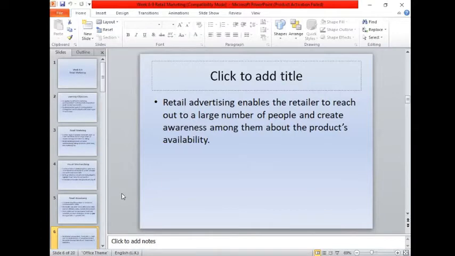Because what retail advertising does is promote not only the retail store, but the products and services offered in the retail store, and also the availability of the products in the retail store.